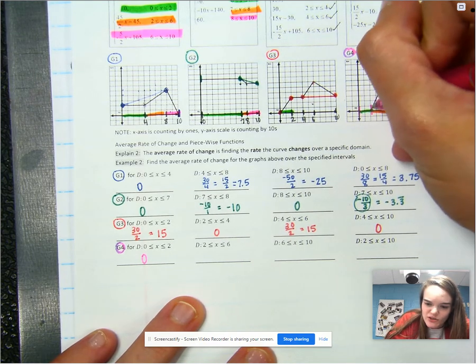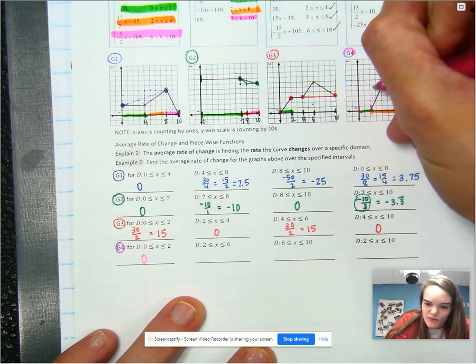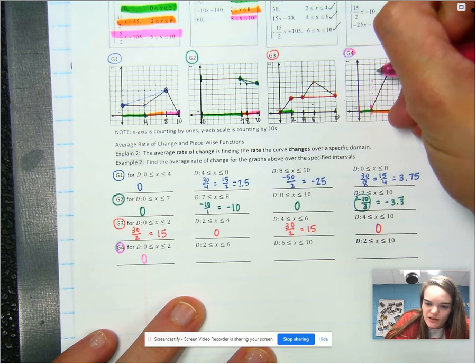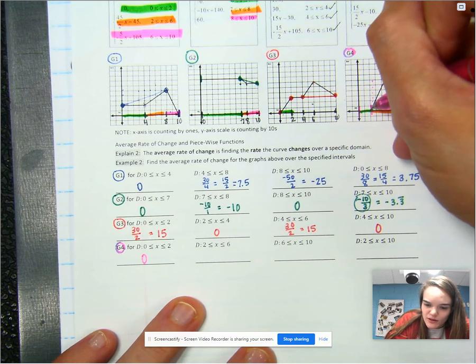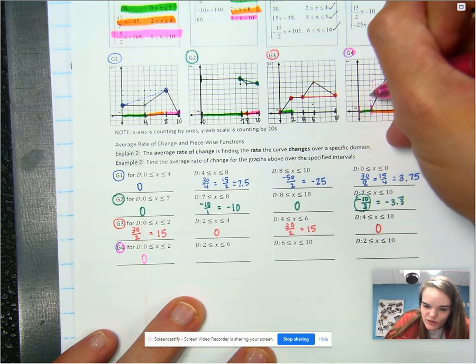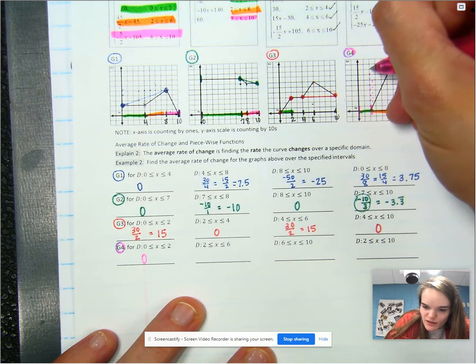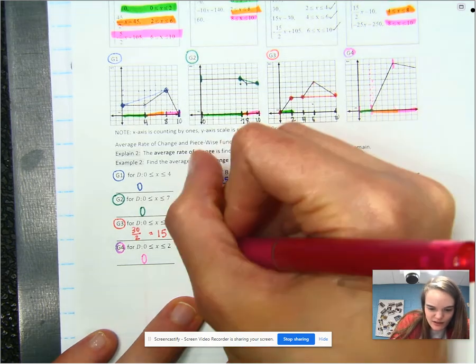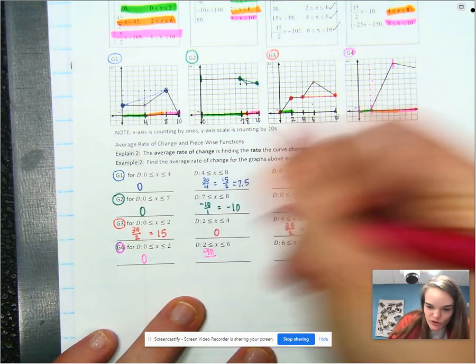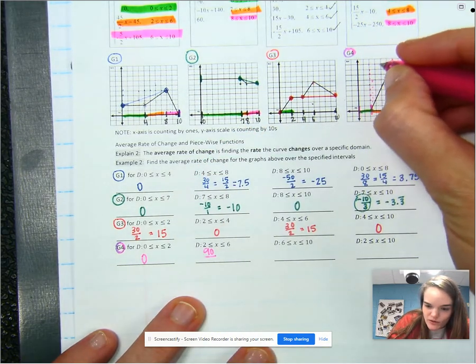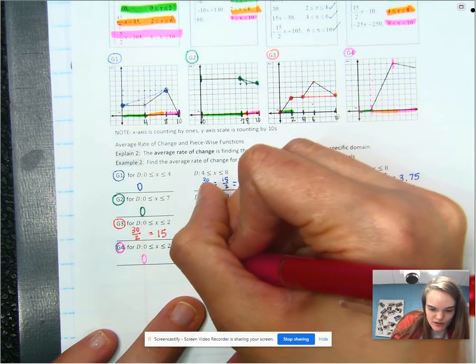That's a lot of change. 10, 20, 30, 40, 50, 60, 70, 80, 90, 90 over 1, 2, 3, 4.